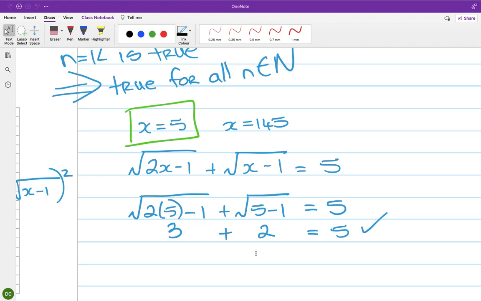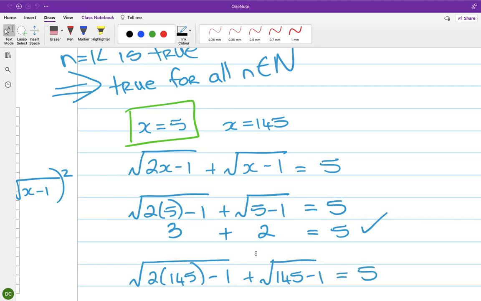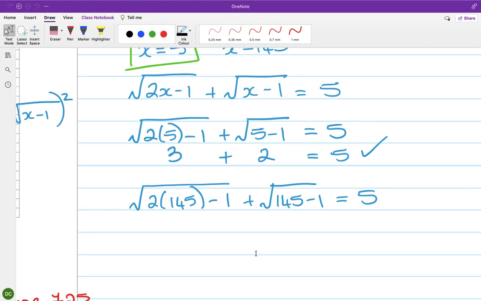The other one is the square root of 2 times 145 minus 1 plus the square root of 145 minus 1. And again, that is supposed to equal 5. So 2 times 145 minus 1 is 289, and the square root of 289 is 17.